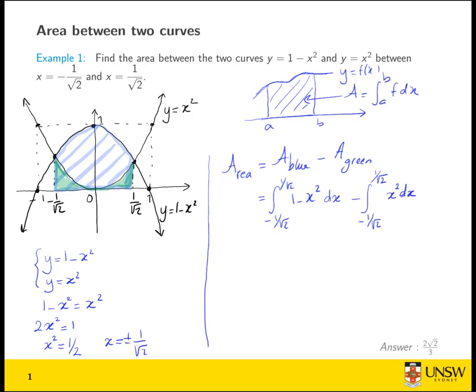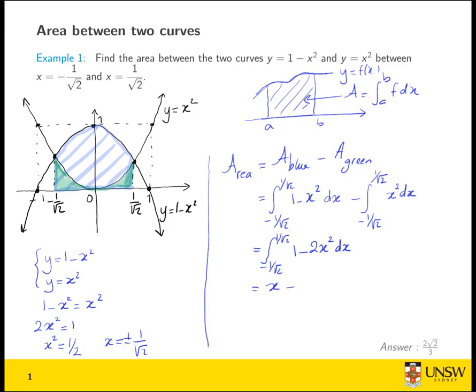Now, what we're going to use is a property of integrals. Please note that we have the same endpoints. So if you have the same endpoints and you're adding or subtracting integrals, we can just add or subtract the functions inside. So we get 1 minus x squared minus x squared, so that's 1 minus 2x squared dx. I'm assuming that most of you wouldn't have noticed the symmetry, so I'm just keeping the initial endpoints.